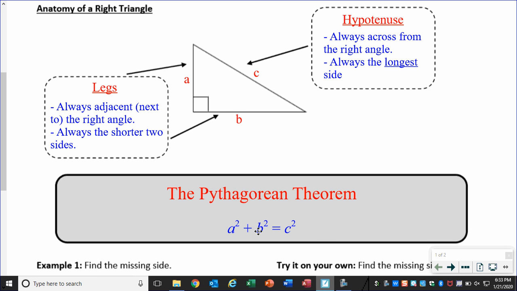Two sides, when you square them and add them together, equal the third side squared. We can use that to check a triangle, to find a missing side, and lots of different things. This will be on your formula sheet, so you don't have to memorize it, but you probably will by the end of this year. A squared plus B squared equals C squared.